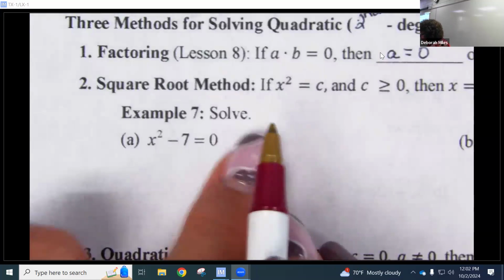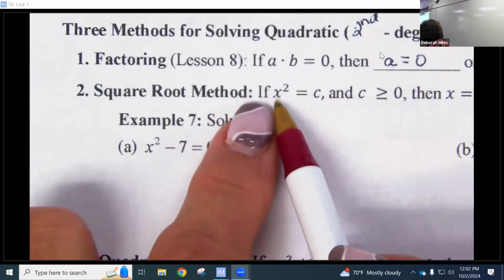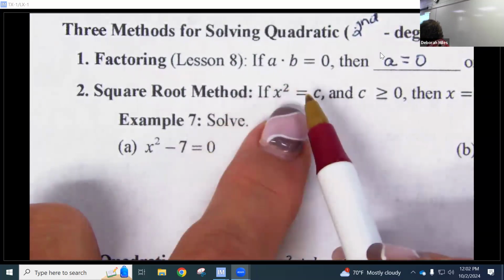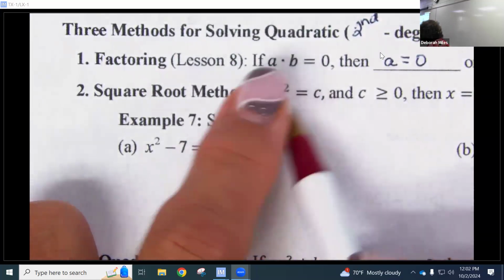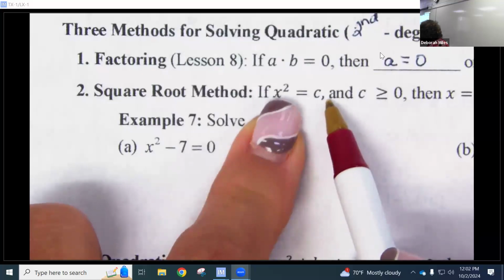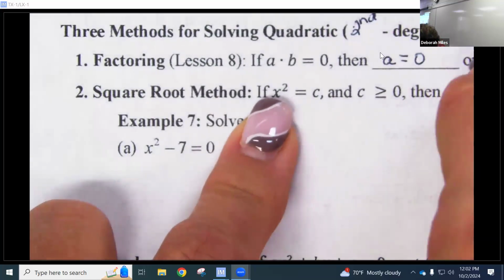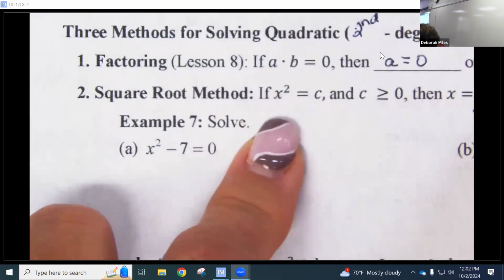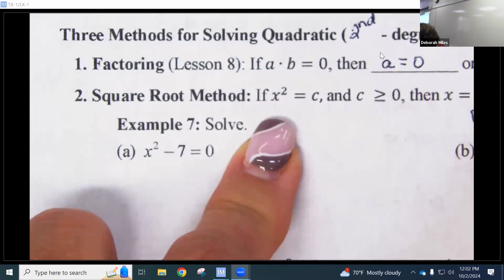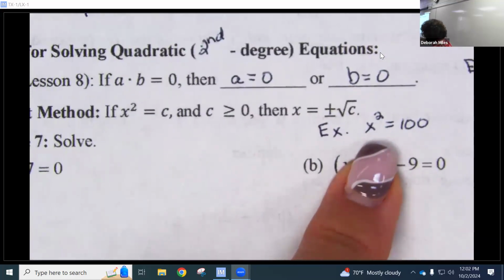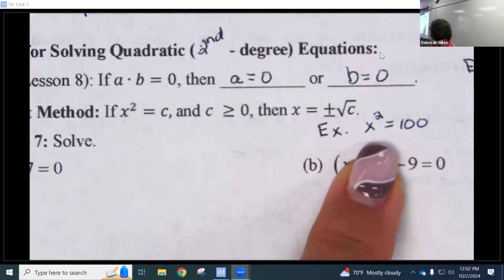The square root method says, if I can get an equation in the form something squared equals a constant, I can just take the square root of both sides. But I need to be careful when I take the square root of both sides. If I have x squared equals 100, what do I get when I take the square root of both sides?